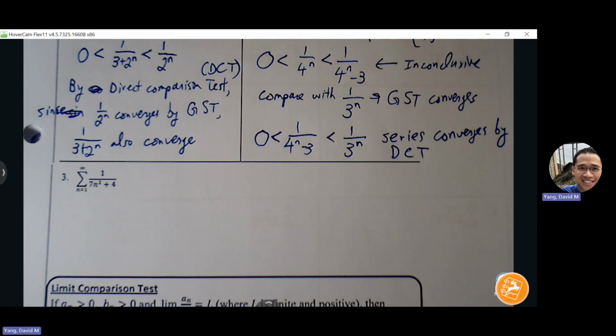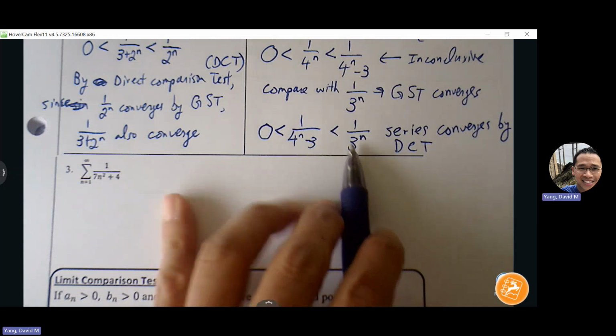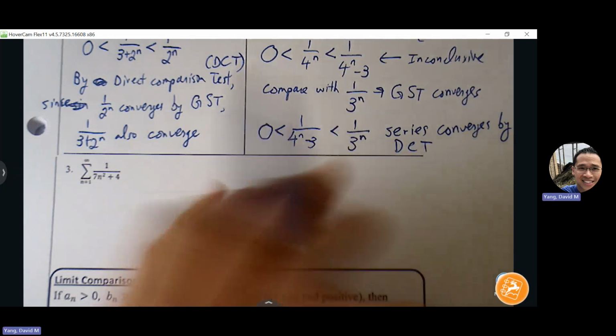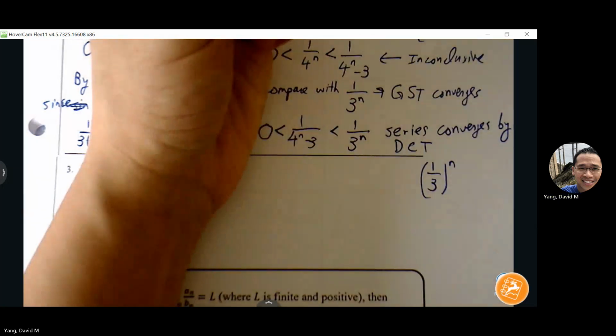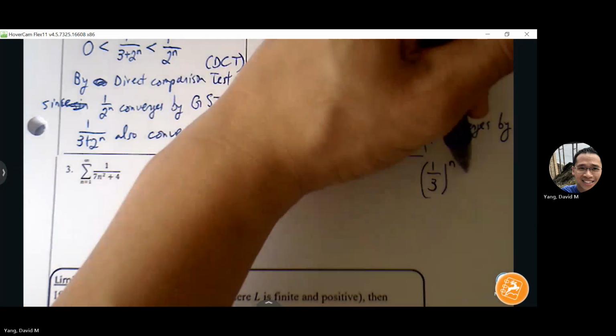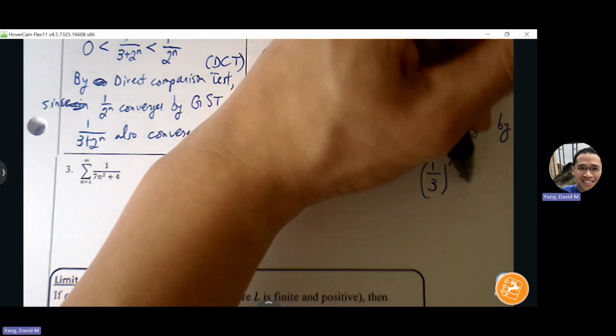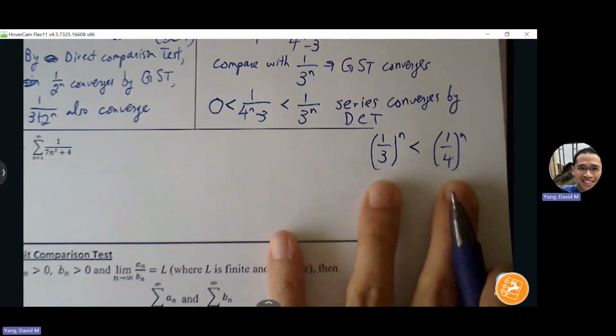Are you able to compare it to 1 over 3 to the n, if 3 doesn't have an n? Right. So we know that as far as geometric series goes, 1 over 3 to the n is definitely less than 1 over 4 to the n.